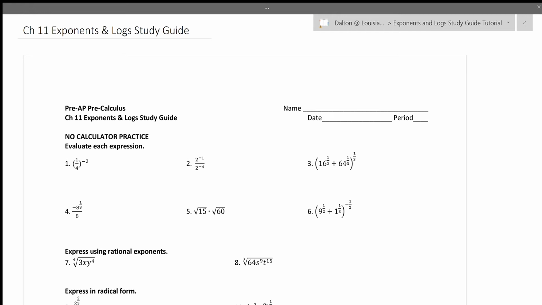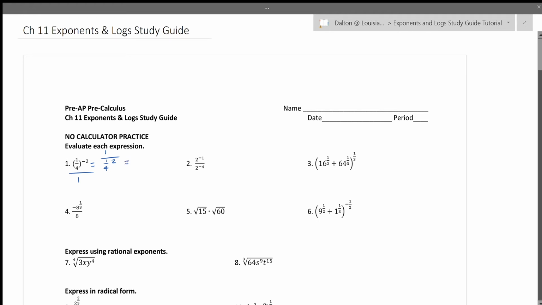So number 1, I've got 1/4 to the negative second power. Well, you've got to remember that negative exponents can be changed to positive if we put our number in the opposite part of the fraction. So 1/4 is considered in the numerator. If I want to make it a positive second power, I would put 1/4 in the denominator, with it being squared.